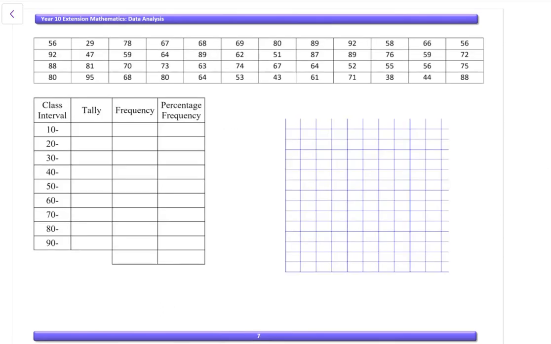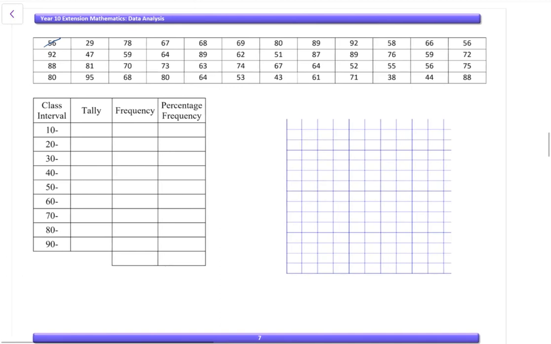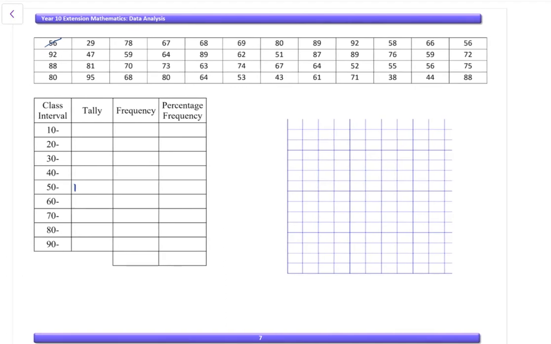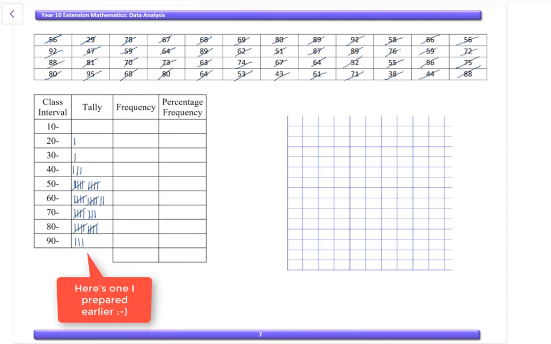So we need to start by putting our data into a table. I recommend when you cross a piece off, so 56 is going to go there, cross it off as you tally it. So 29 goes there, 78 there, etc. Once you've done it, you tally, put in your frequency.